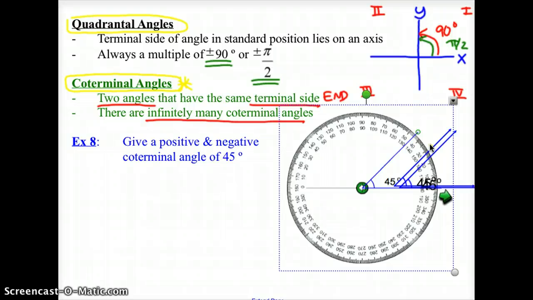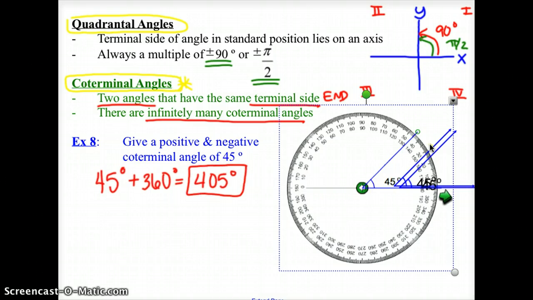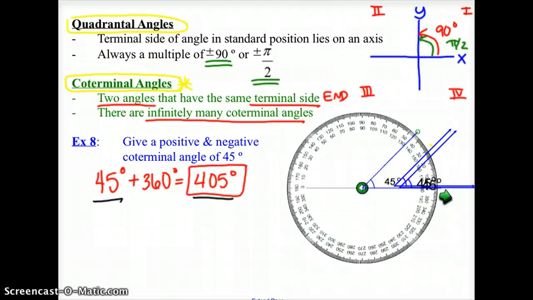Now when I do that, I went 45 degrees plus another 360. So what I have is 45 degrees plus 360, and that gives me a total of 405 degrees. So the angles 45 and 405 are coterminal. They both end at the same spot, the same terminal side.